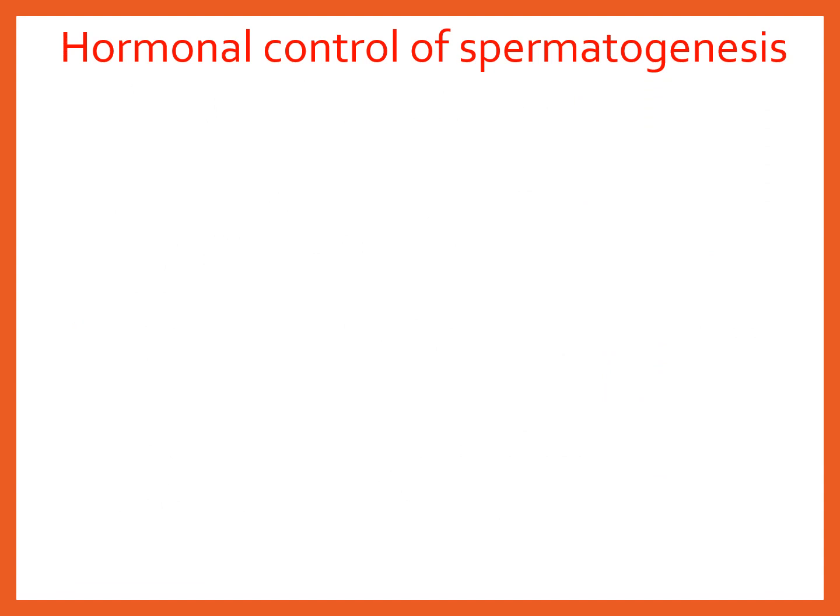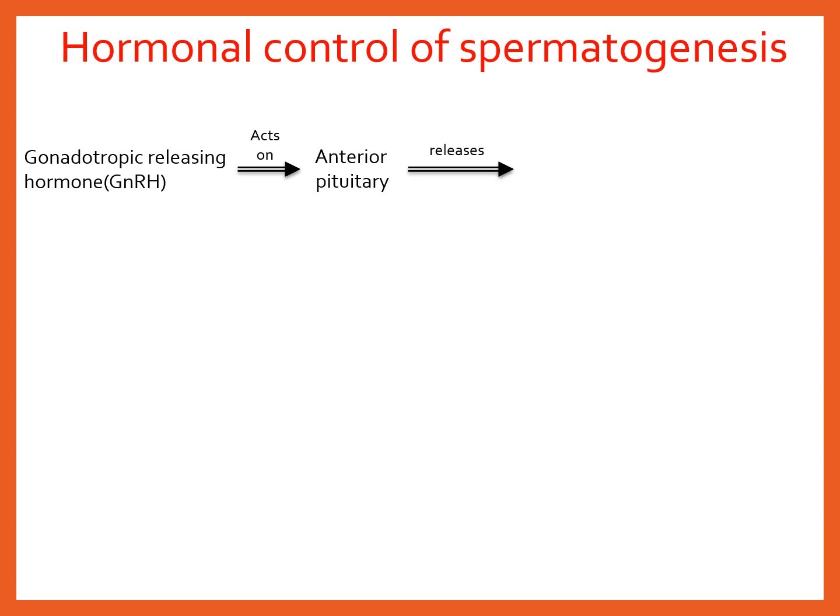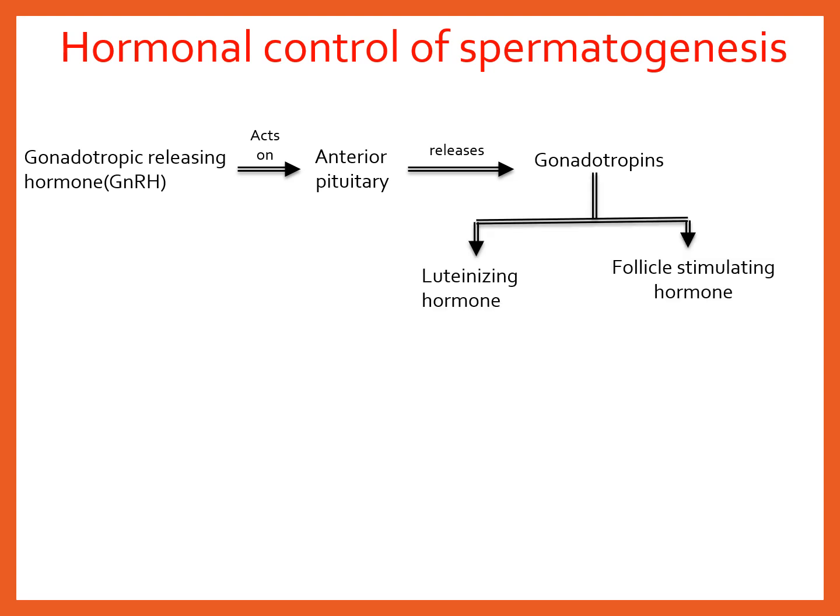Let us now understand the hormonal control of spermatogenesis. Gonadotropin releasing hormone is a hormone which is released from the hypothalamus. That is, it is a hypothalamic hormone. This acts on the anterior pituitary. So, in the 11th standard we have studied pituitary has the posterior part and the anterior part. So, the anterior pituitary releases the gonadotropins, which are the luteinizing hormone and the follicle stimulating hormone.